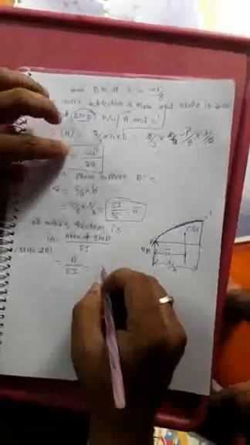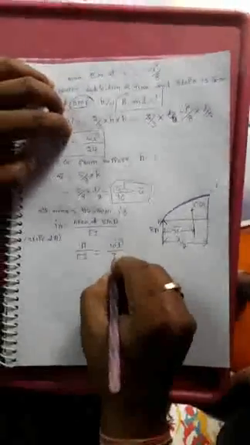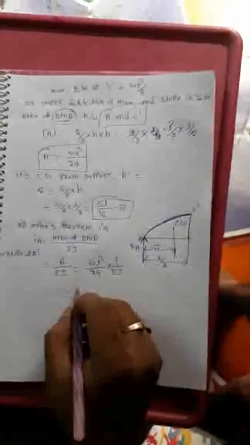So A is nothing but, already we have the formula for area of BMD, that is WL cube by 24 into 1 by EI. So simplifying this equation, we get WL cube by 24 EI.